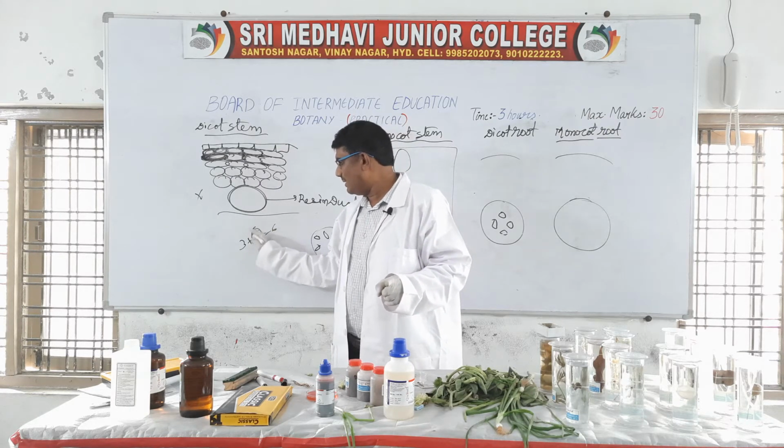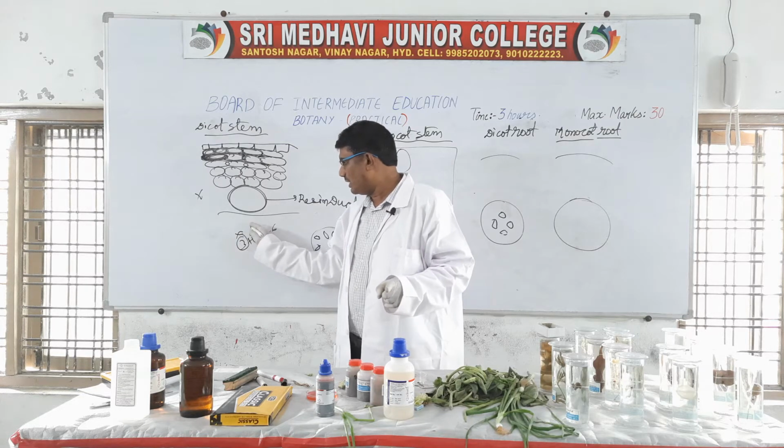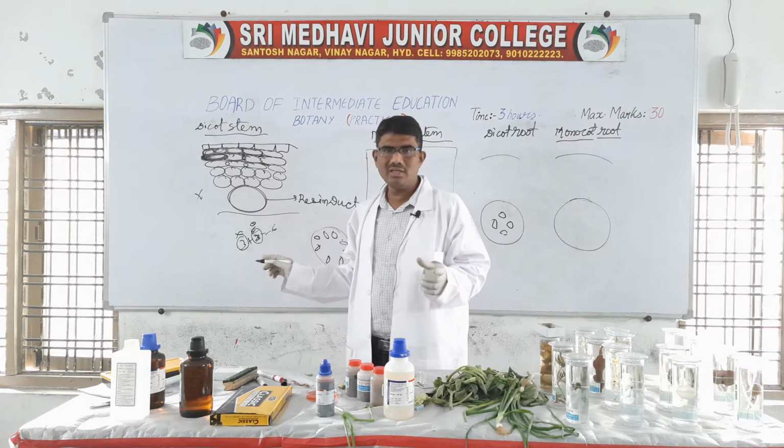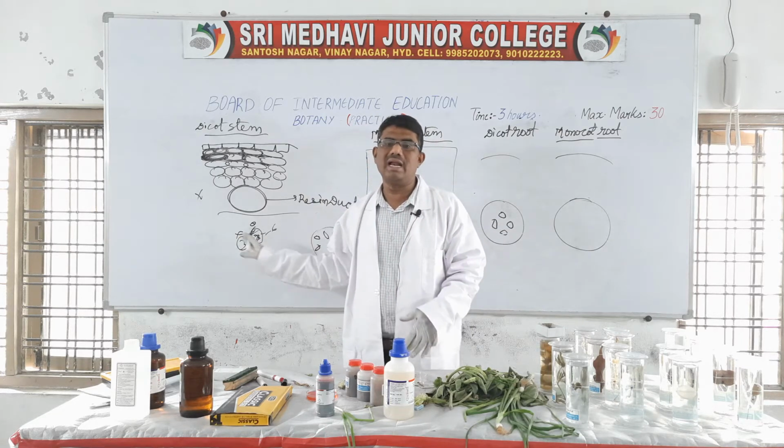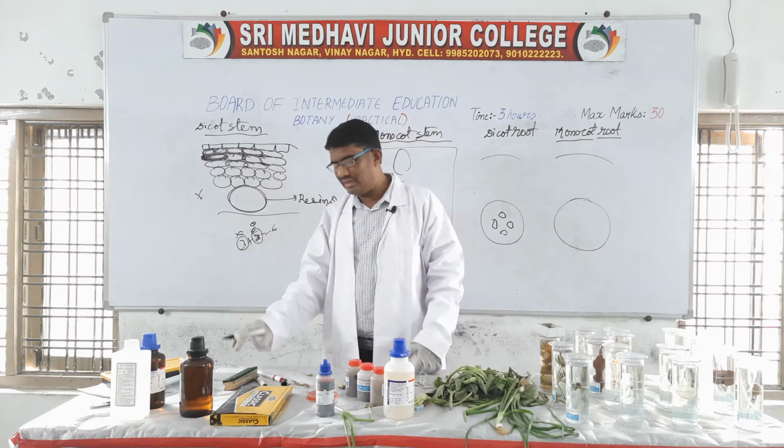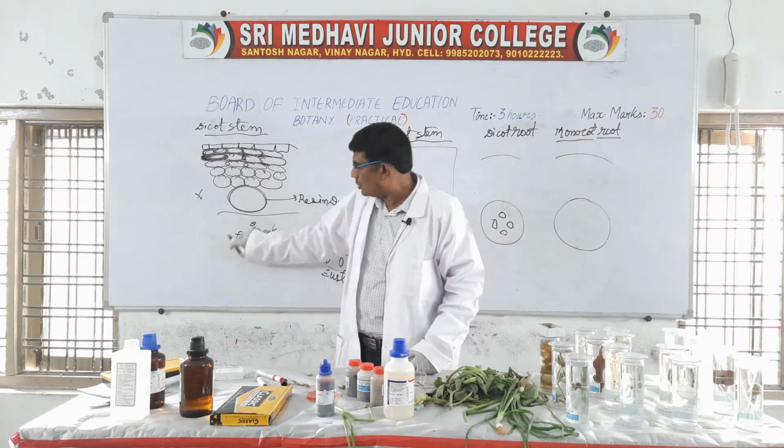When the diagram is wrong, they will give 0 for this part also, because it is not identified exactly. What you did may be correct, but they will not give the marks because it is totally wrong.